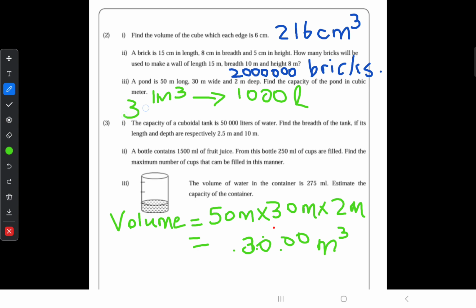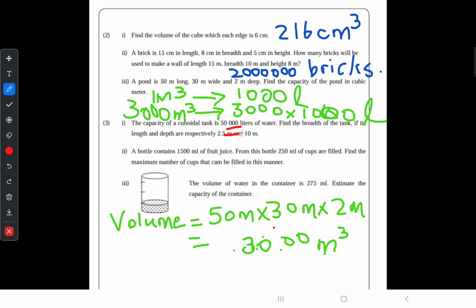Similarly, for 3000 cubic meters, we have to multiply 3000 times 1000 liters. These look like some big numbers. Don't get confused. These are for your practice.